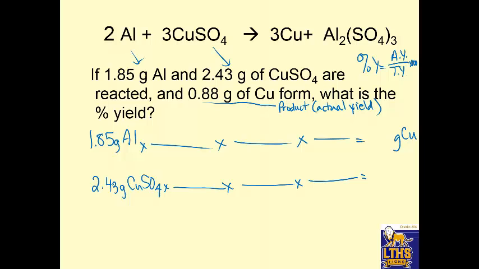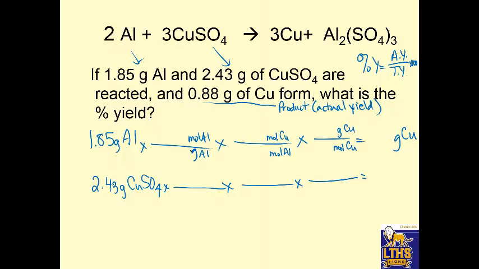Why 3 steps? Grams to grams is 3. Grams of aluminum, moles of aluminum. Moles of aluminum turn into moles of copper. Why? Because I have to go to the same product with my stoichiometry that I measured in the lab. I measured copper in the lab, so I have to go to copper using stoich.